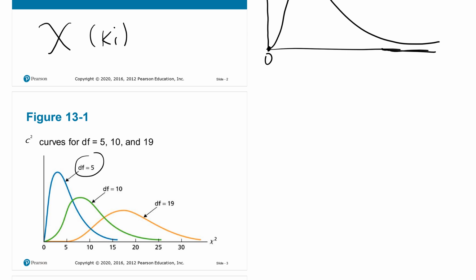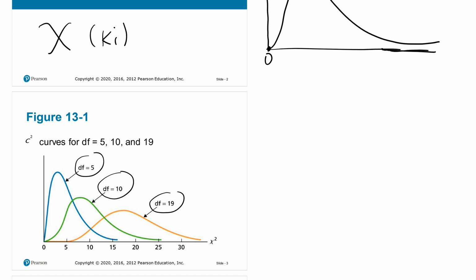The blue one is for degrees of freedom 5, the green one, degrees of freedom 10, and the next one, degrees of freedom 19. Notice as the degrees of freedom increases, the shape becomes more and more normal, more symmetric. This section is an introduction to what the chi-square distribution is about.